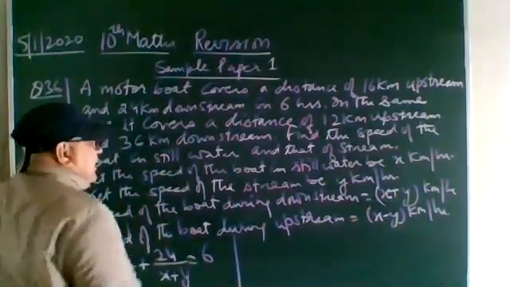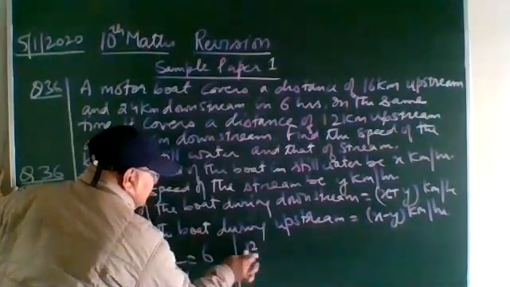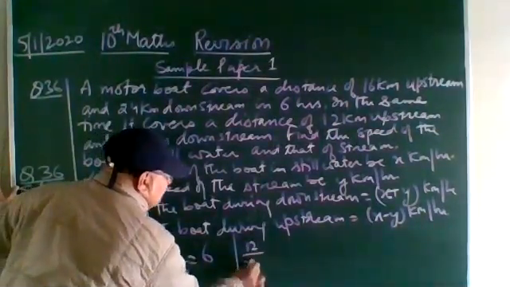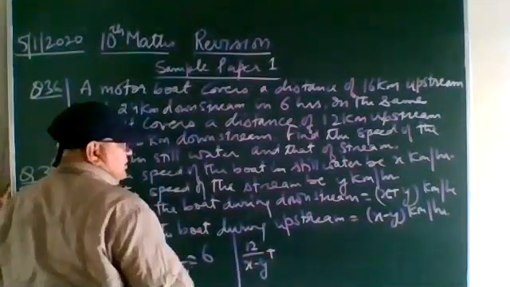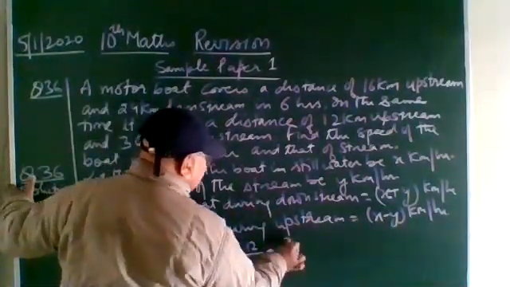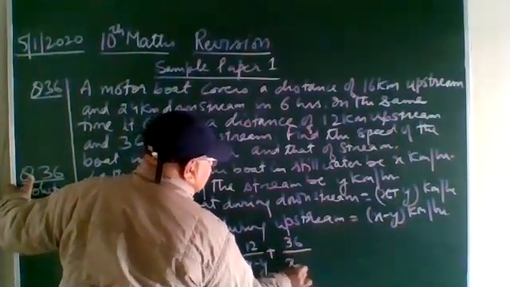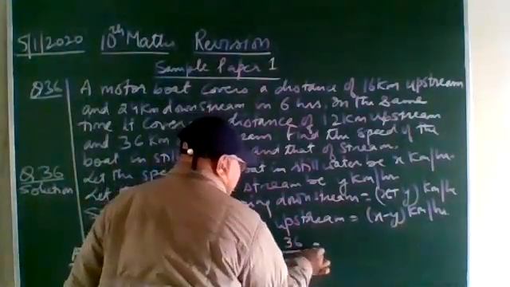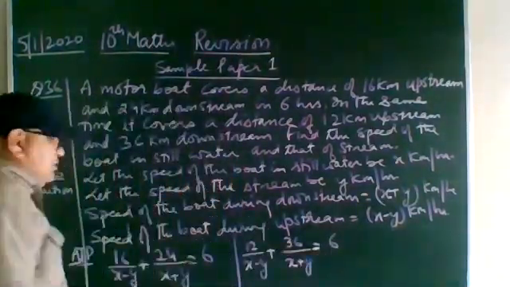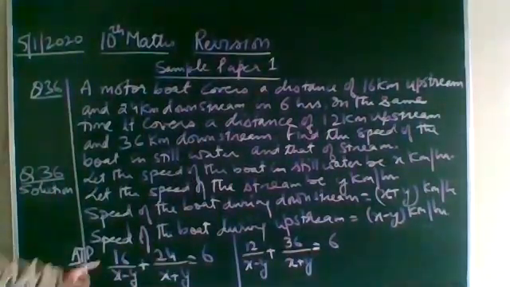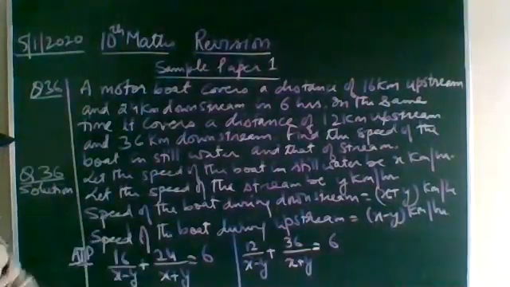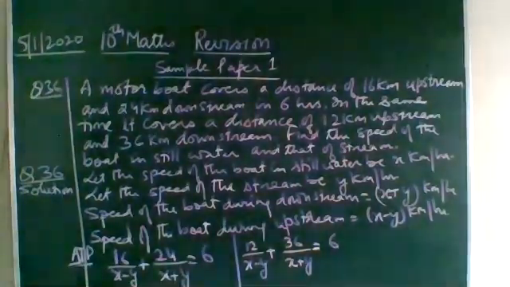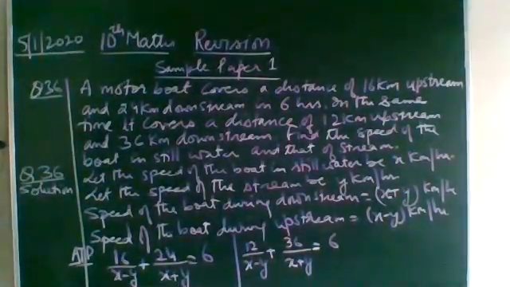Next, again 12 km upstream and 36 km downstream: 12 upon x minus y plus 36 upon x plus y equal to 6 hours. So you have to remember that 16 upon x minus y plus 24 upon x plus y equal to 6, and 12 upon x minus y plus 36 upon x plus y equal to 6. This is the first condition.